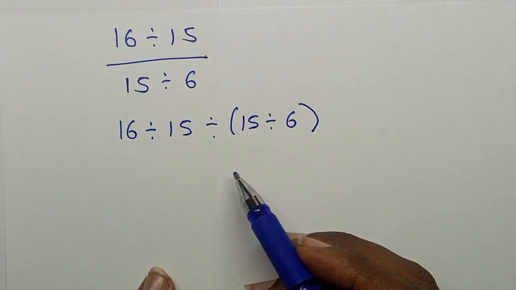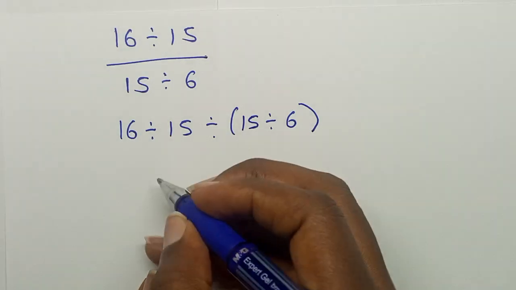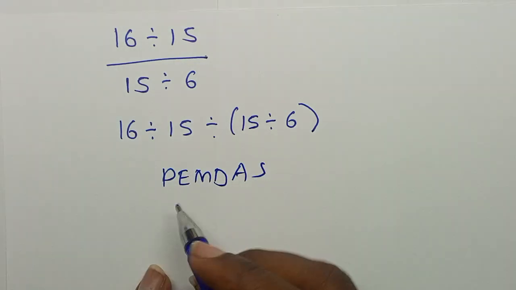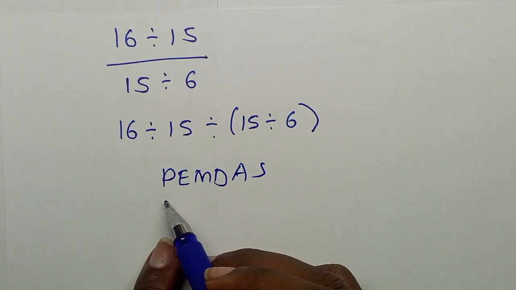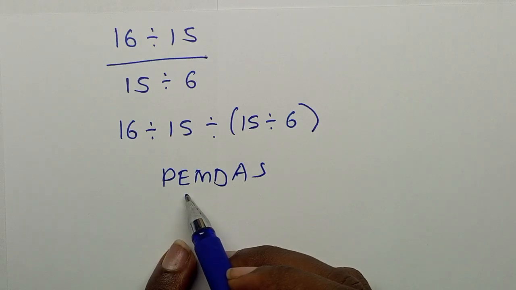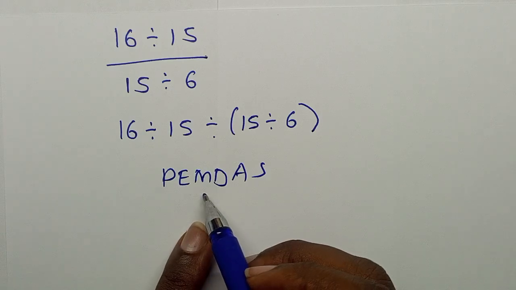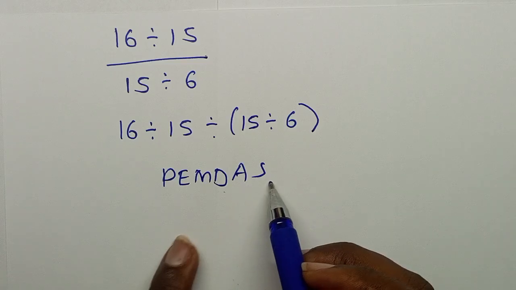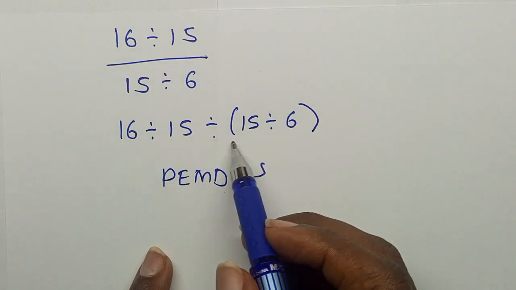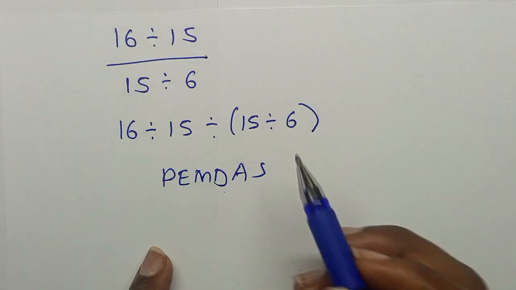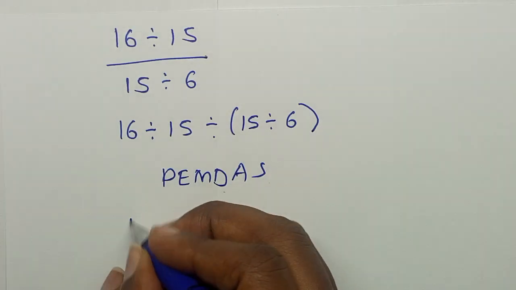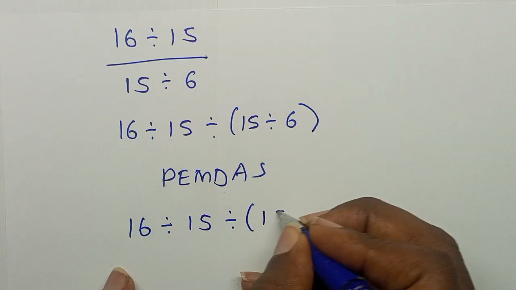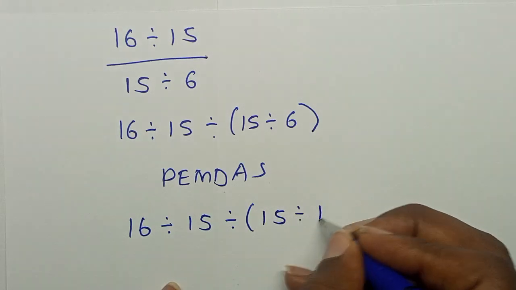Remember, we have to follow the order of operations, which is PEMDAS, where P stands for parentheses or brackets, E stands for exponents or powers or indices, M stands for multiplication, D division, A addition, S subtraction. In our case, we have this parenthesis here, so we work out this first.